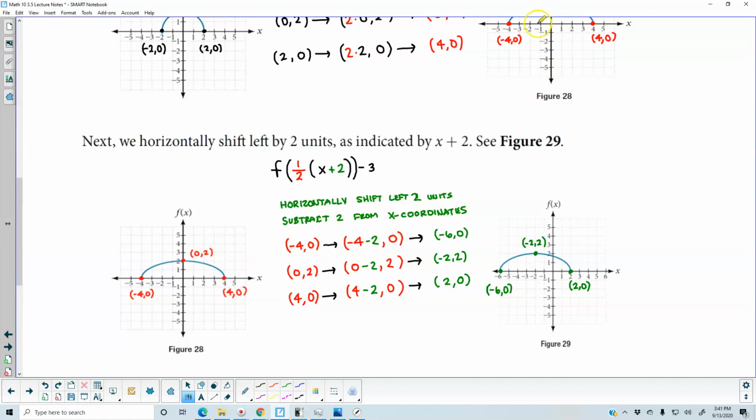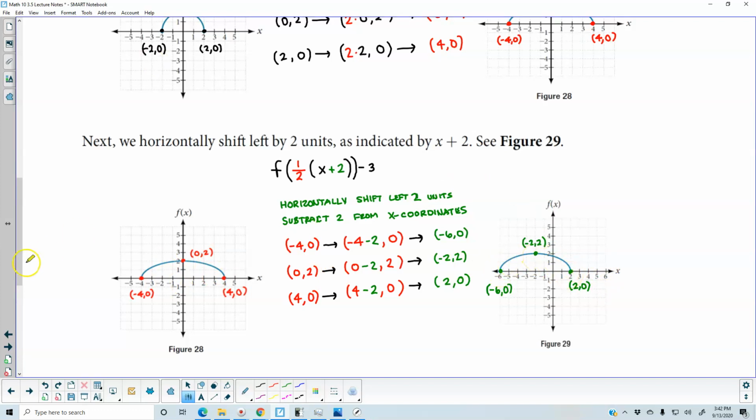So now we're taking the next coordinates, which are -4, 0, 0, 2, and 4, 0, and we're subtracting 2 from the x coordinates. -4 minus 2 gives us -6, and the y value stays the same at 0. 0 minus 2 gives us -2, and the y value stays at 2. 4 minus 2 gives us 2, and the y value stays at 0.